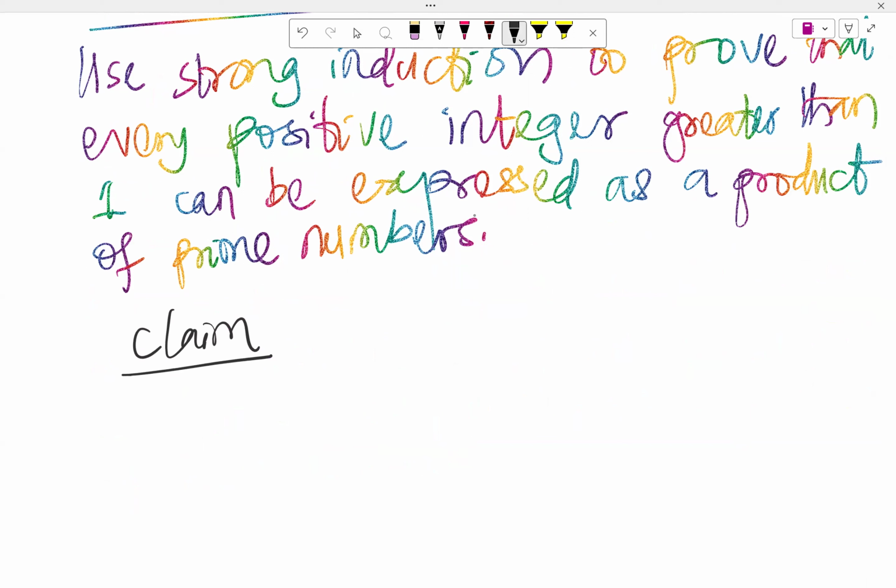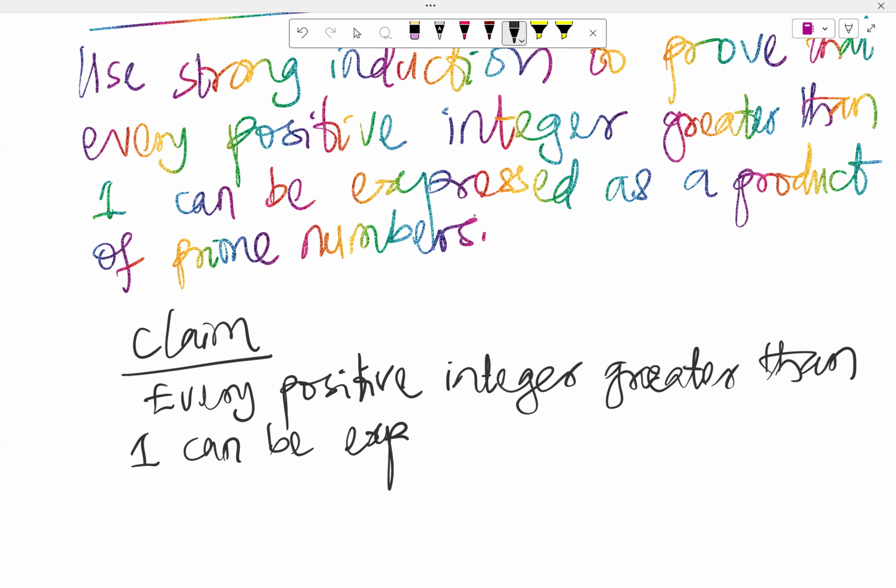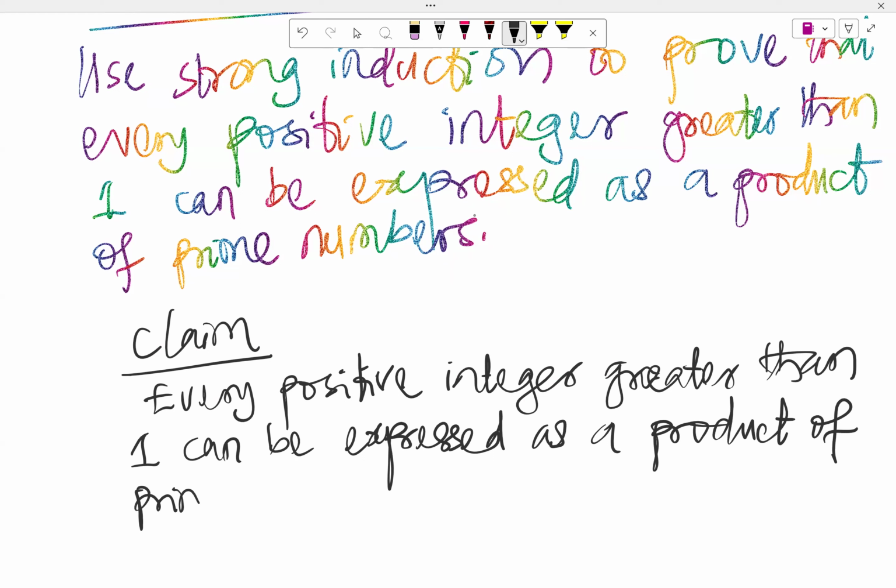The claim is that every positive integer greater than one can be expressed as a product of prime numbers.